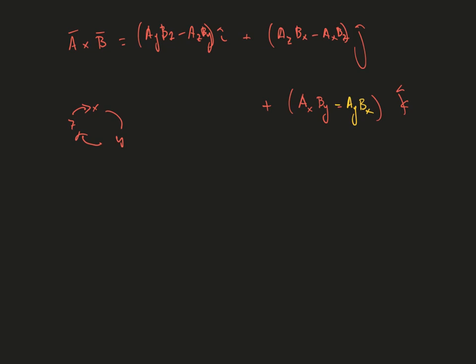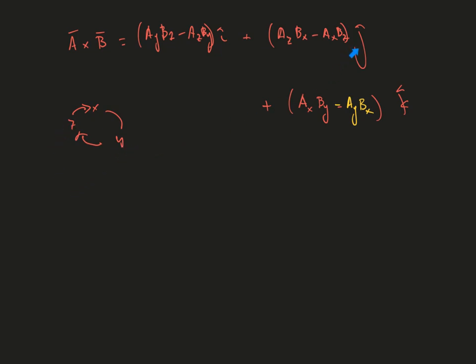Let me see if this is correct. Yes, it's correct. AY BZ, AZ BY. Let me see if this rule that I have invented is okay. I think it's okay. For example, if I want to find the X component, I go to the Y: AY BZ, AZ BY.